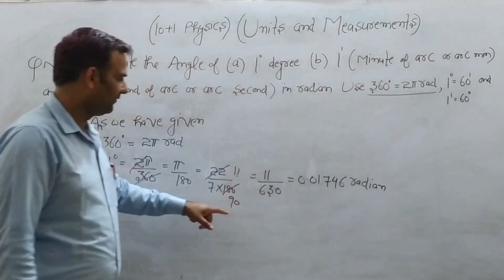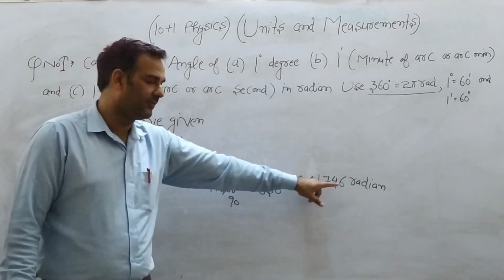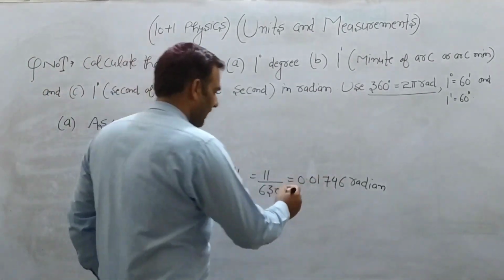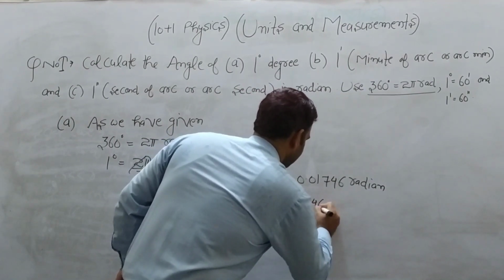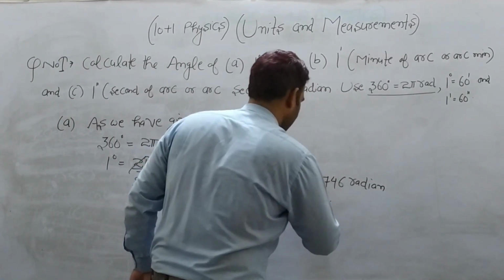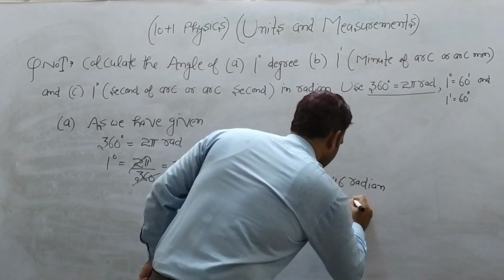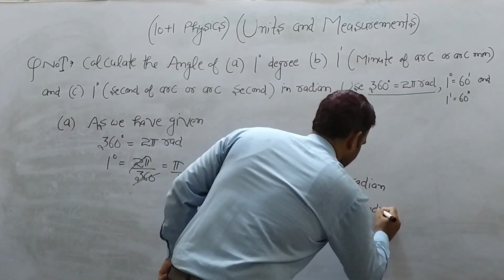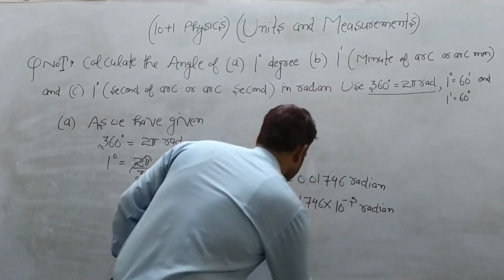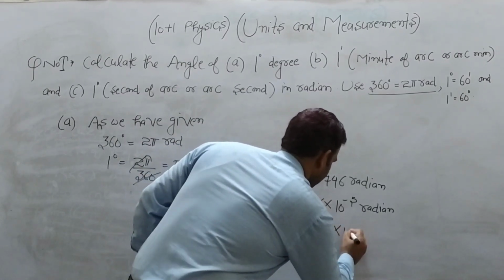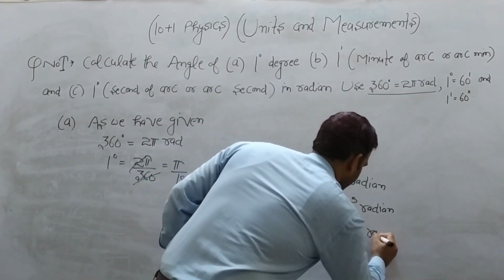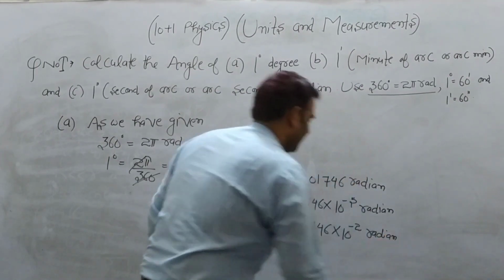After solving this equation, we get the result 0.01746 radian, and it can be written as 1746 into 10 to the power minus 5 radian, and it can be written as 1.746 into 10 to the power minus 2 radian.